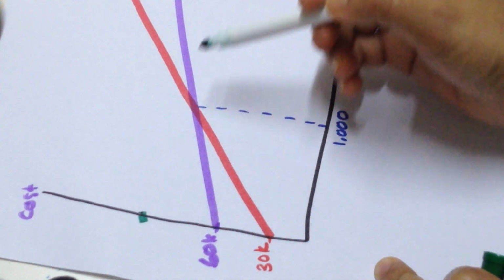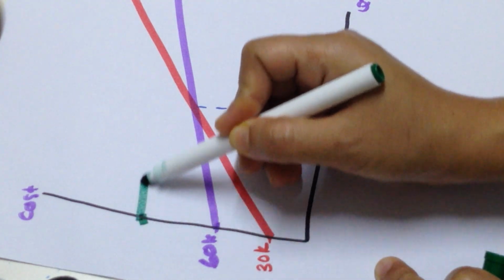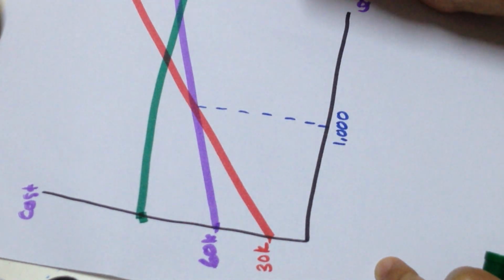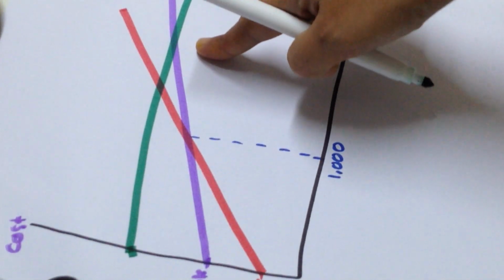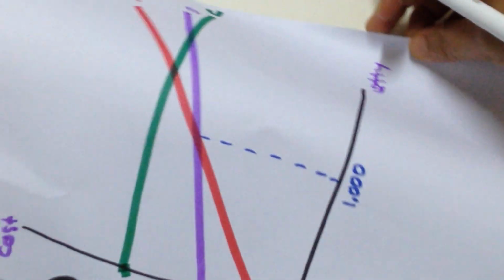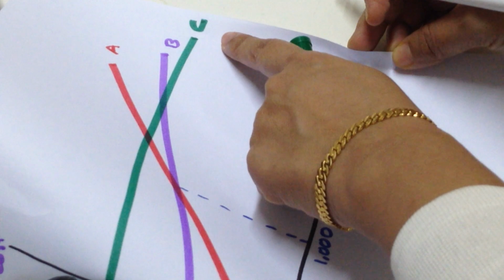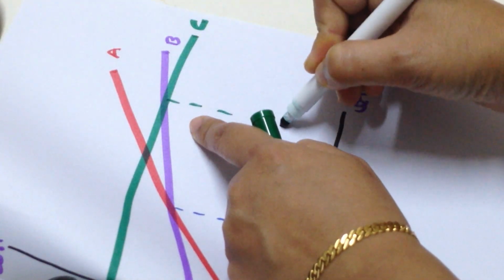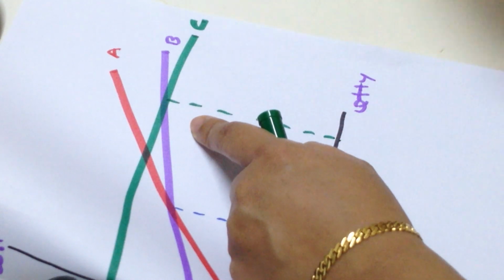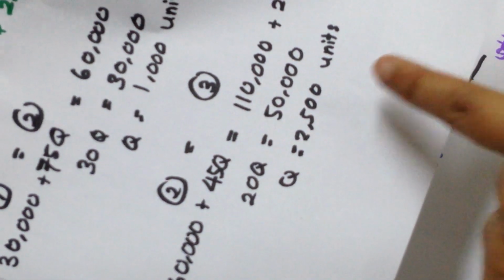We just plot the graph. The intersection point between B and C, if you can see here, or intersection of 2 equal to 3, is at 2,500 units.